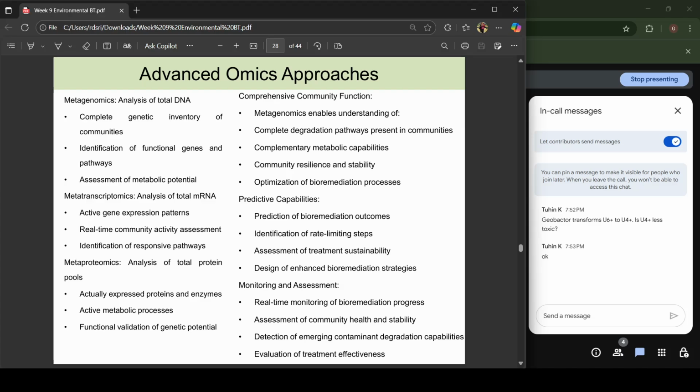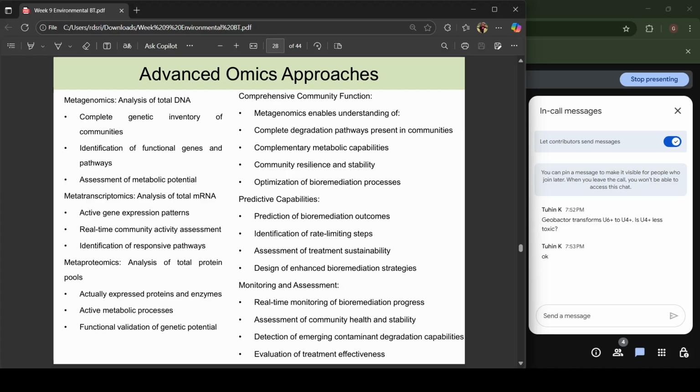Coming to the monitoring and assessment applications, we can have a real-time monitoring of the bioremediation progress. We can assess the community health and stability, and we can also study the capability of the organism to degrade emerging contaminants, and we can study the treatment effectiveness.